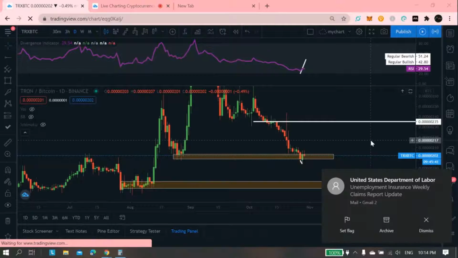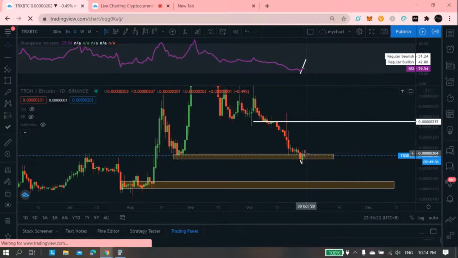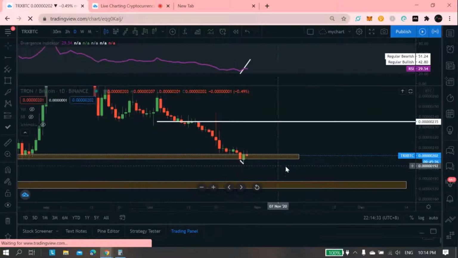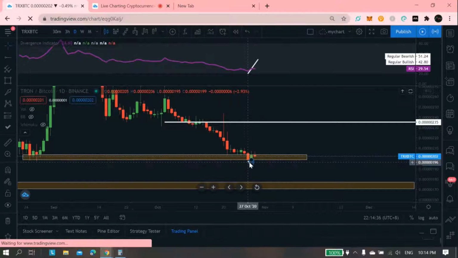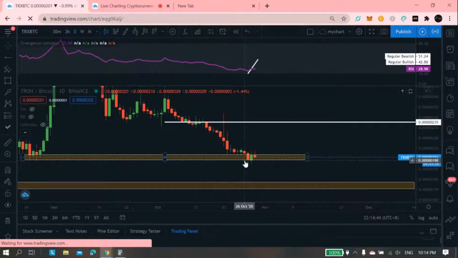So actually, it depends on how you trade. But currently, if I'm a day trader, I will wait for the confirmation of this candle, because it's already forming a support base here, this 198 area.